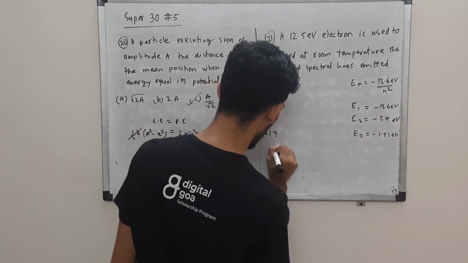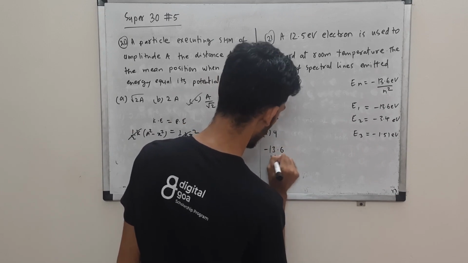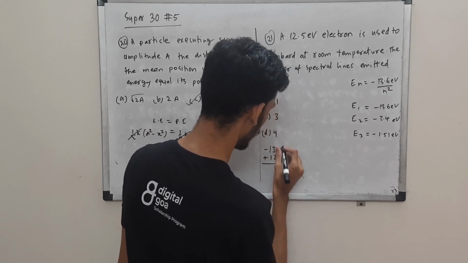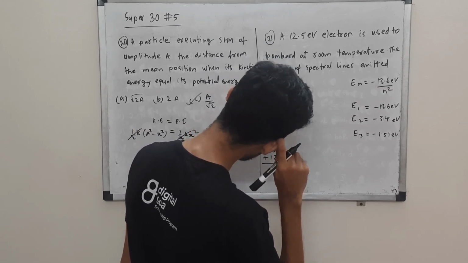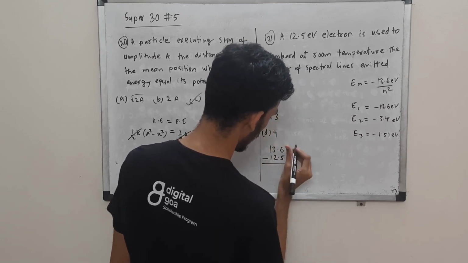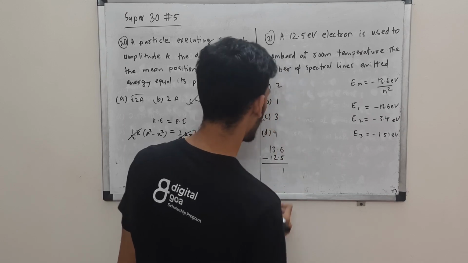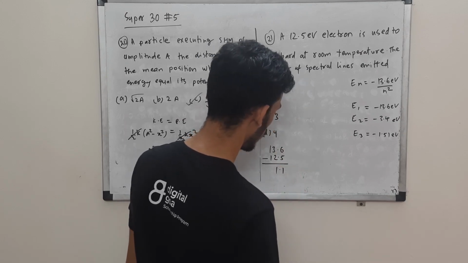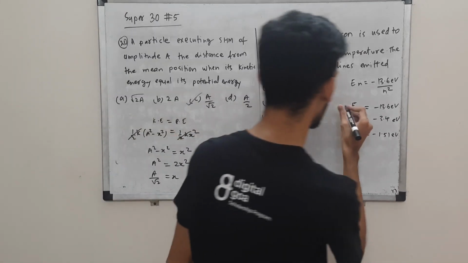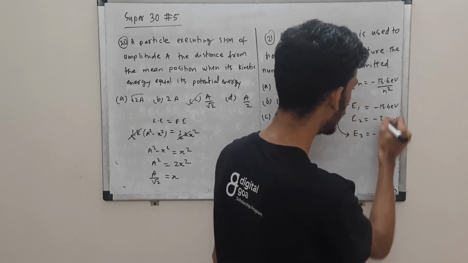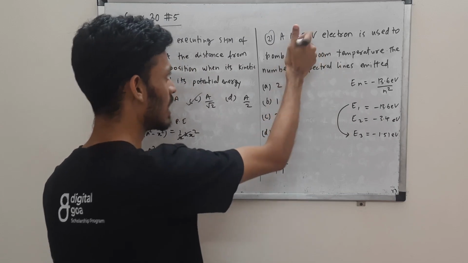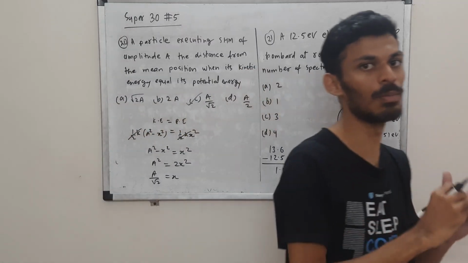I'll take the difference between these two energies, because this is the maximum energy that our electron can provide to the atom.